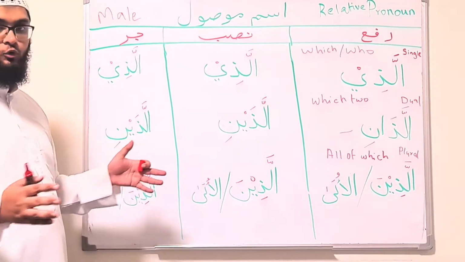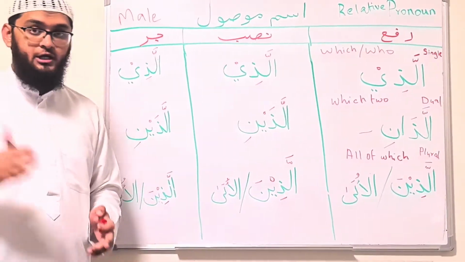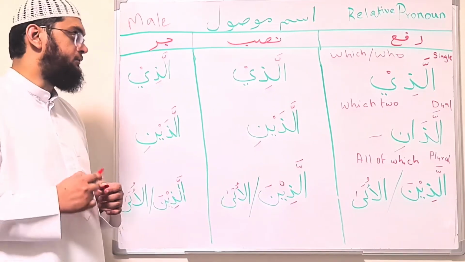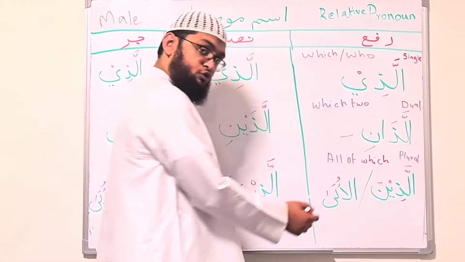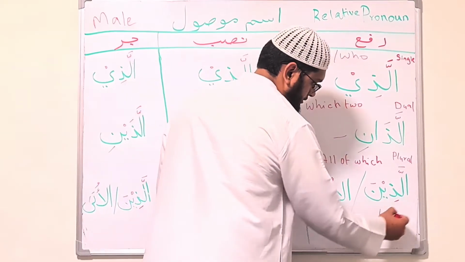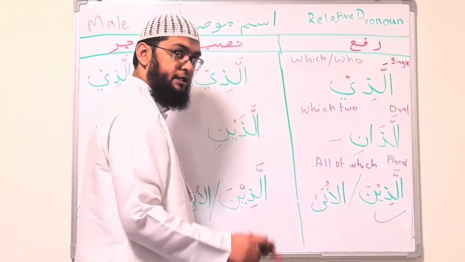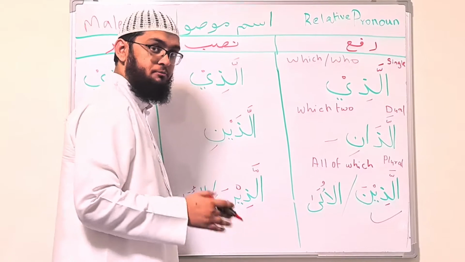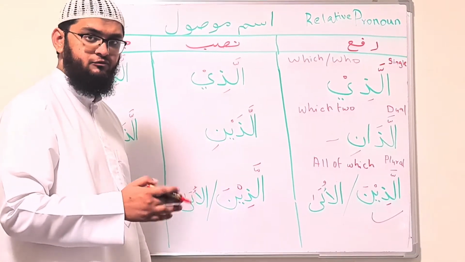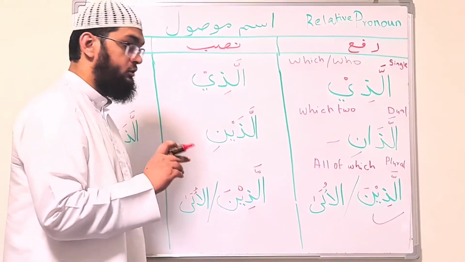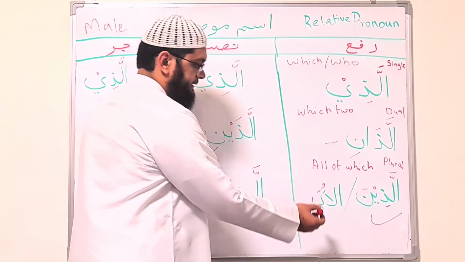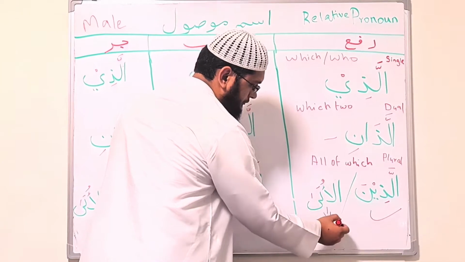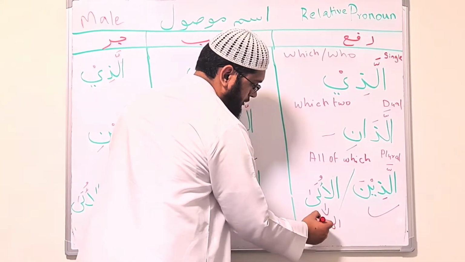Then we have the plural that starts from three and can go on to however many you can count. That's alladhina, the most famous one. But there is another one that's not used much, though you may find it in some old Arabic texts. That's ulaa, on the scale of al-huda.